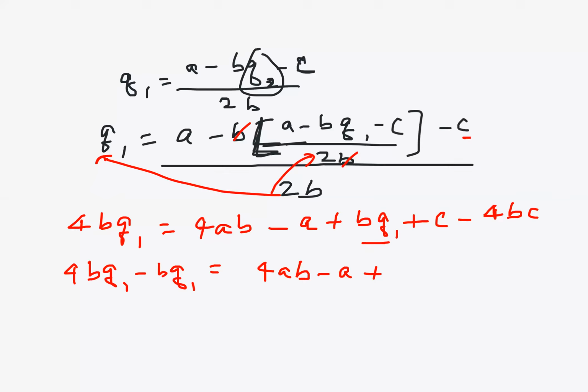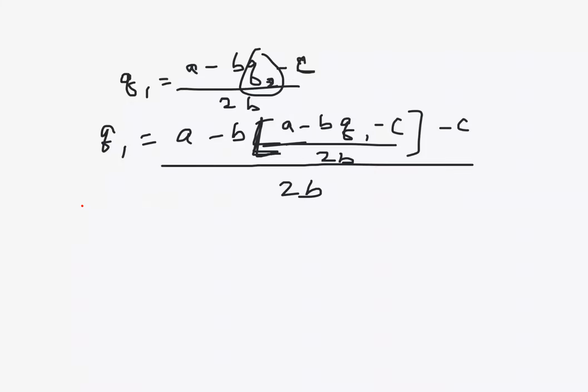So plus C minus 4BC. All right. So now what we can do is, okay, I erased that because that was going to be a little more complicated. So let's do it afresh here so that you don't get confused with the simplification here.